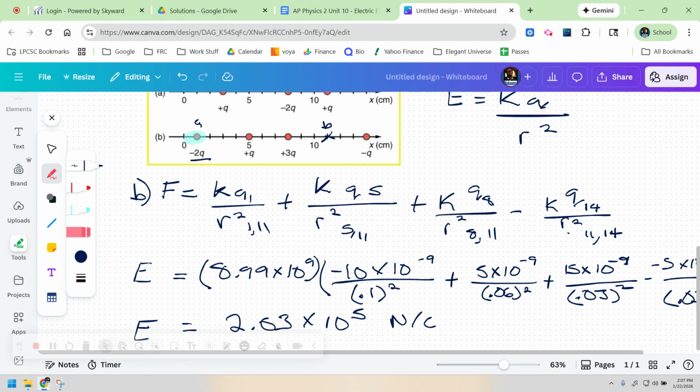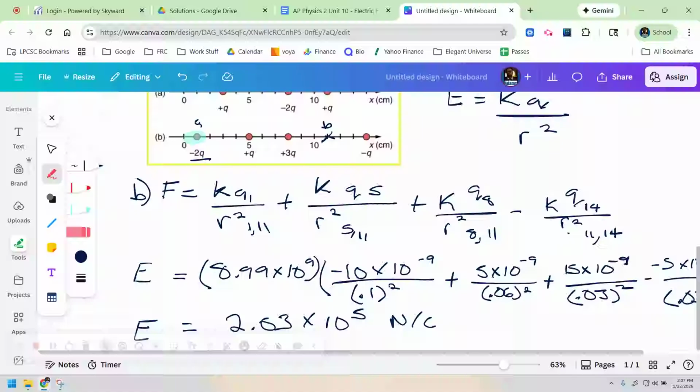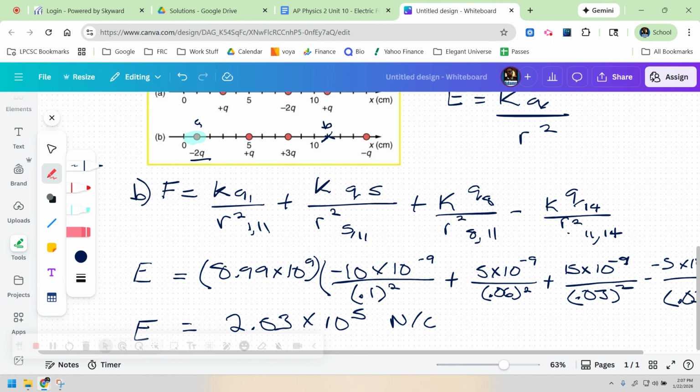The negative Q will move to the right, and they'll come together to form one charge with the positive Q. So eventually they'll come together with a charge of a positive Q. Do you guys understand what they're saying?